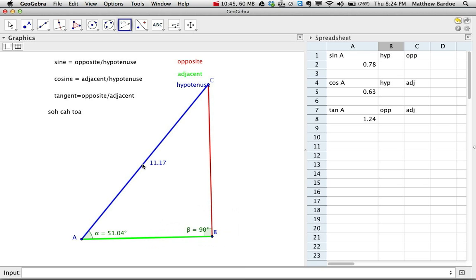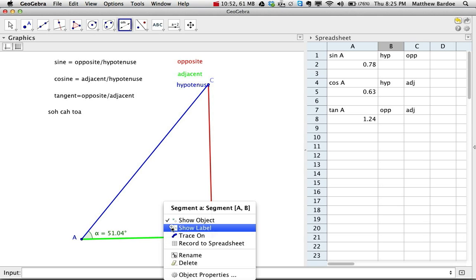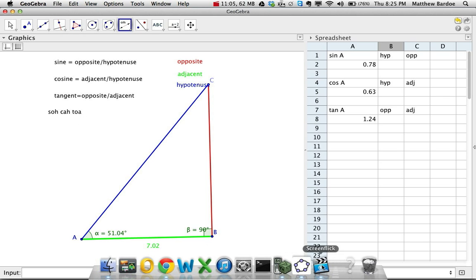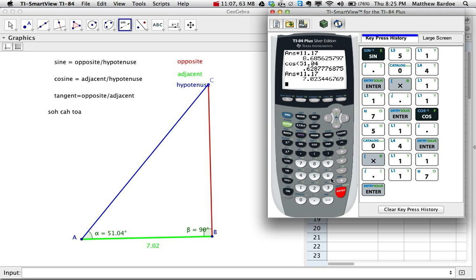If I'm going to use tangent, I won't assume that I know the hypotenuse. In that case, I'll assume I know the adjacent. So we just figured out the adjacent was 7.02. With the tangent, I'll be able to figure out the opposite. So if I know the adjacent, I can figure out the opposite. How would that work? I would say tangent of what?